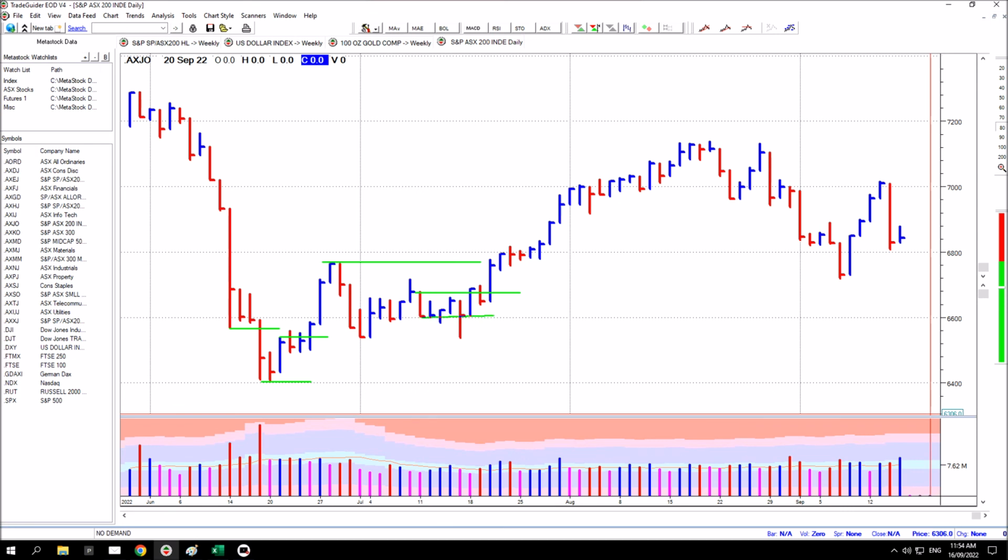What you want to do is highlight the price action so it can tell the story of what is going on in the chart. If you can achieve that, then you can read the price action and form a narrative that will help you understand what's going on in the market.